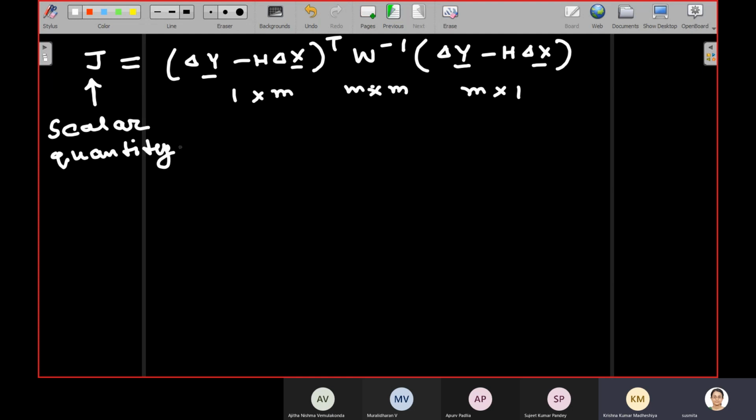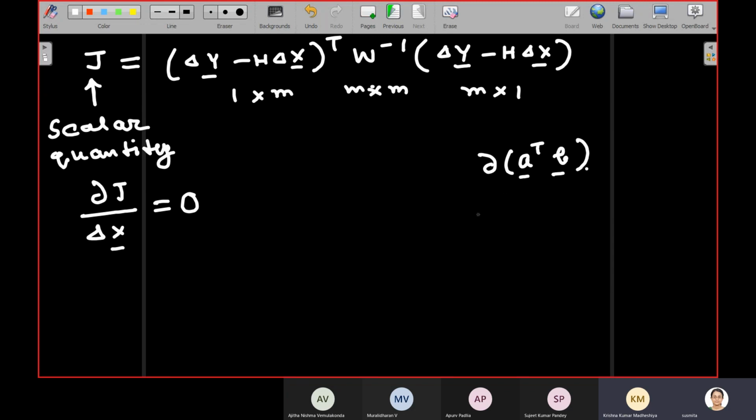Now to find the derivative, we are interested in finding an estimate of delta x such that the derivative is equal to 0. And to find the derivative, we will make use of this identity. Let's say we want to find the derivative of A transpose B. A is a vector, B is also a vector.